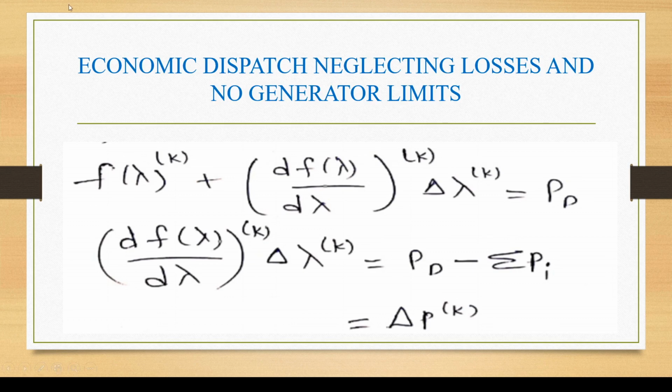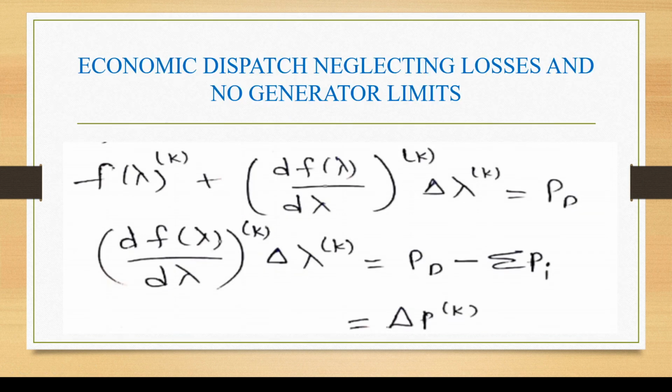So f of lambda we are taking as summation Pi. Substituting, d f of lambda by d lambda k delta lambda k is equal to Pd minus summation Pi. This entire thing, Pd minus summation Pi, can be taken as delta Pk.